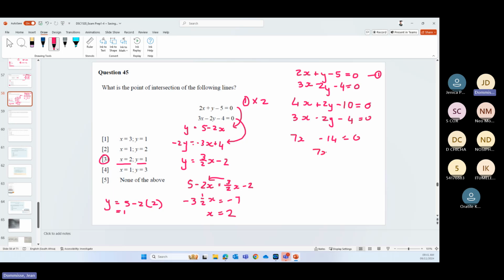So 7x is equal to 14. x is equal to 2. We get exactly the same answer. This feels to me a much simpler way of doing it. But again, you're allowed to use both.